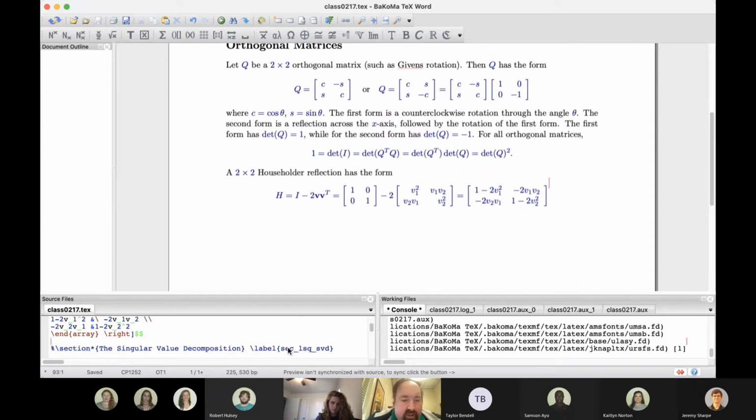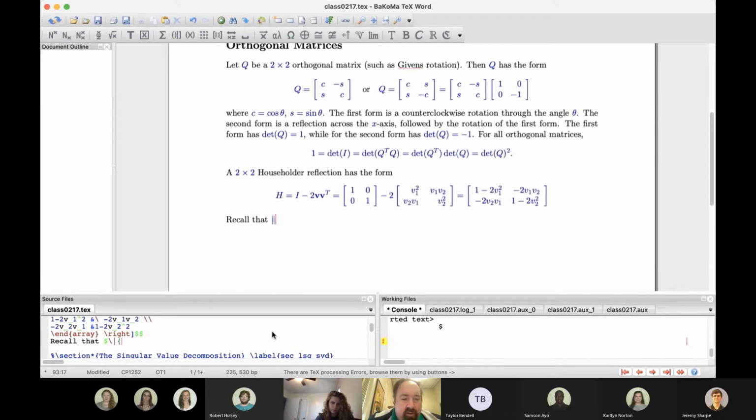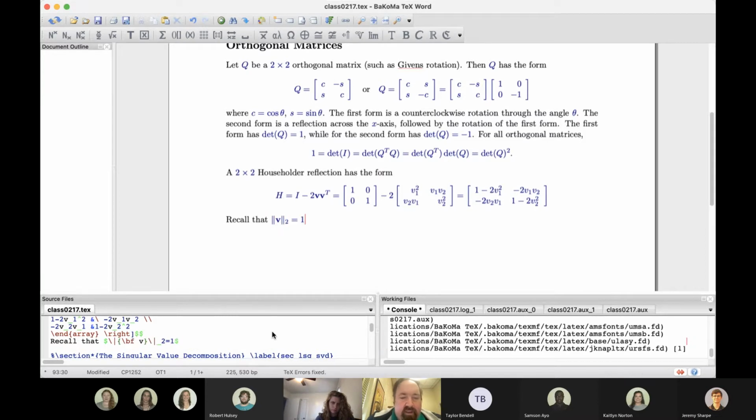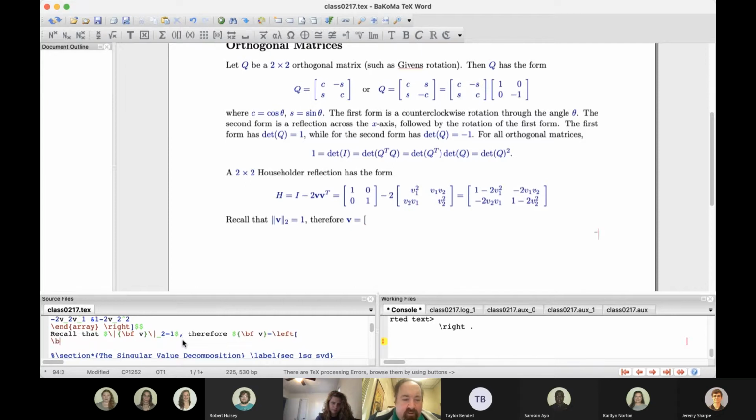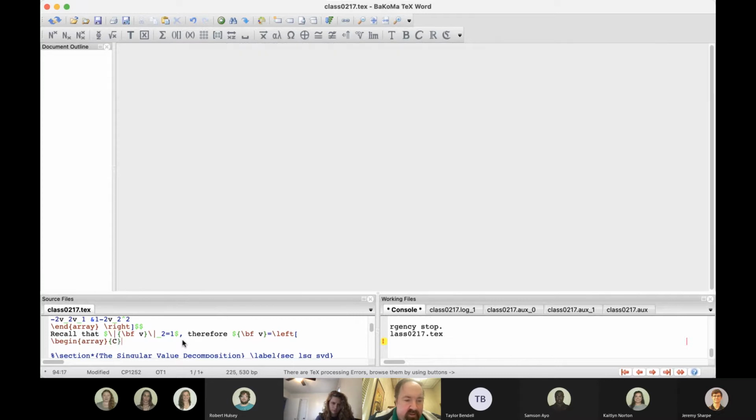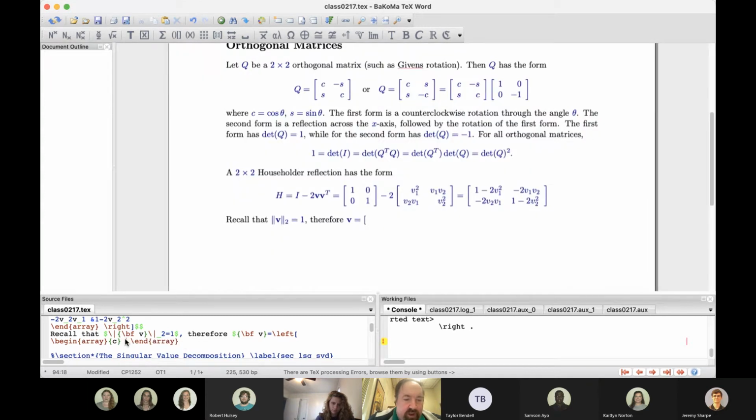Now, keep in mind the vector v is a unit vector. It has a norm of 1. So we can think of v as a vector whose elements are a cosine-sine pair.